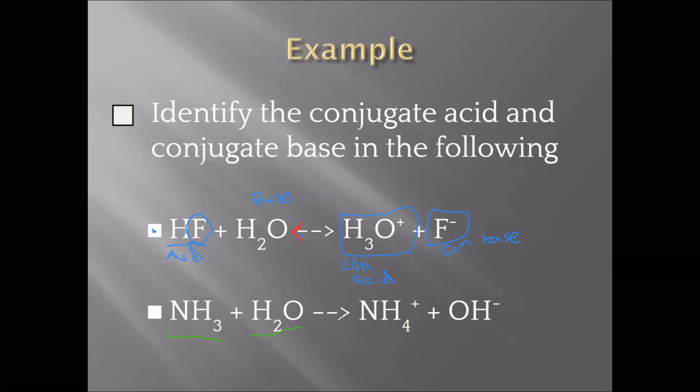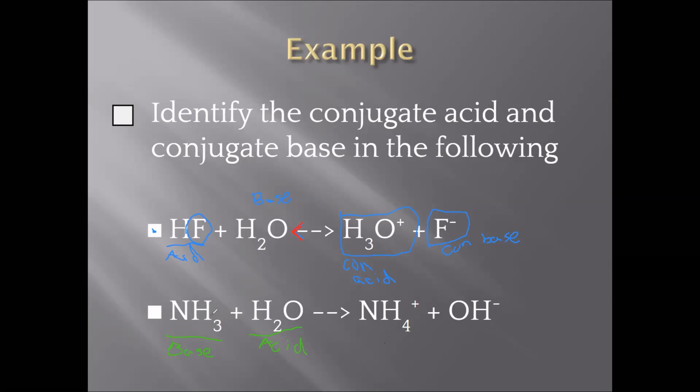So in this case, the water is not acting as the base, the water is actually acting as the acid, and our ammonia is our base. If you're familiar with ammonia, you know ammonia is a base anyway, so you could have identified that. But if you weren't, that's how you're going to look at these equations and figure that out.